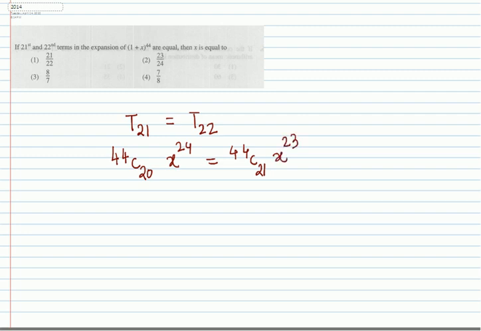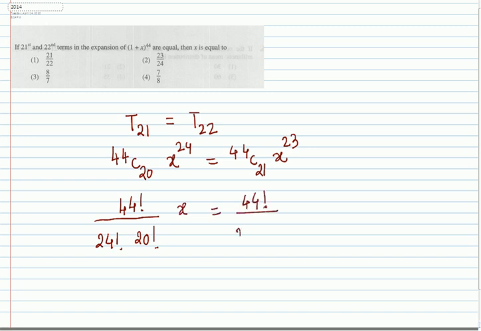Okay, so if you simplify this part, what will we be getting? 44 factorial divided by 24 factorial into 20 factorial, into x, is equal to 44 factorial divided by 23 factorial into 21 factorial.